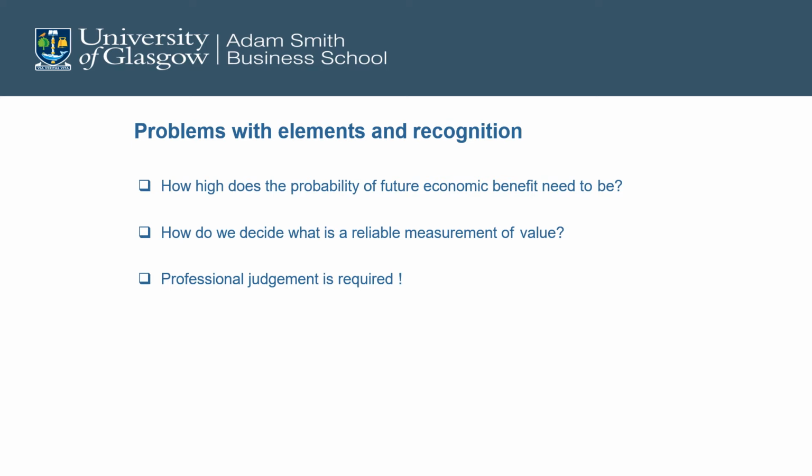But if you have something that is not easily exchanged, and there's no external market, let's say you own a precious painting painted by someone really famous, and there is no such market, so there's no way to decide what the value of it is. So how would you be able to measure the value of that particular painting? In this case, you do need professional judgment to select an appropriate basis for measuring that item.